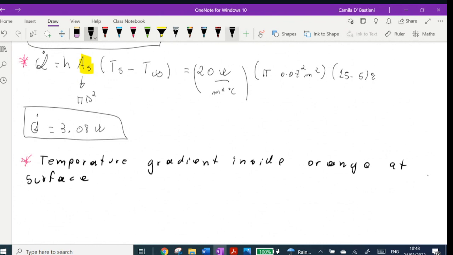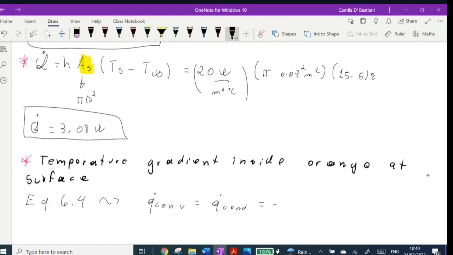Okay. Again, we go back to our equation 6.4, which tells us that when we assume no slip condition, my convection heat transfer is equal to my conduction heat transfer at the boundary.